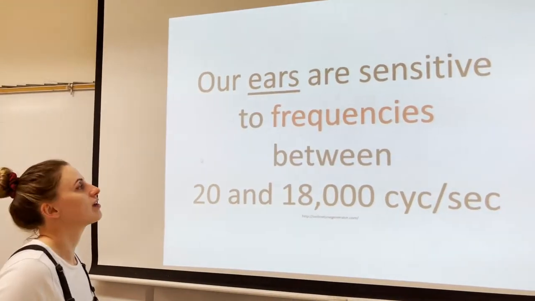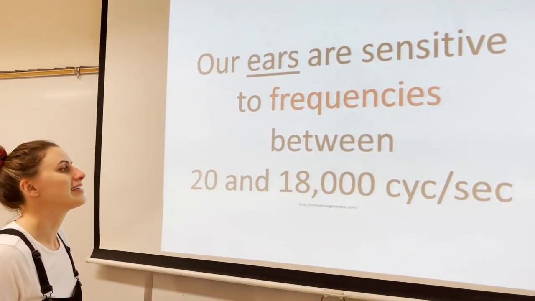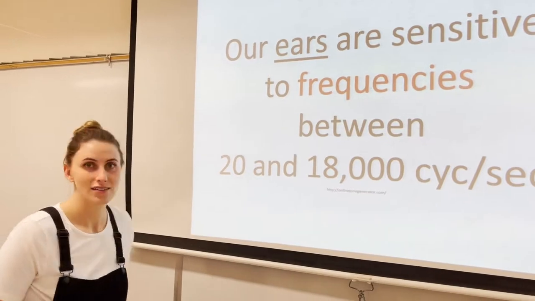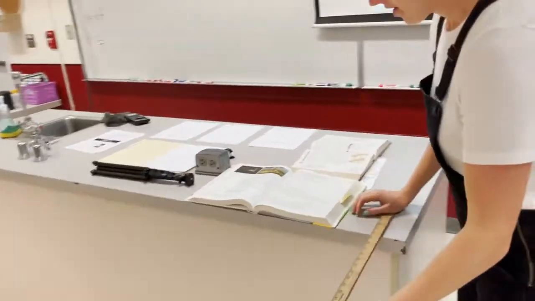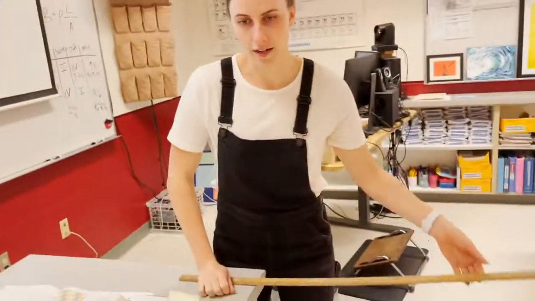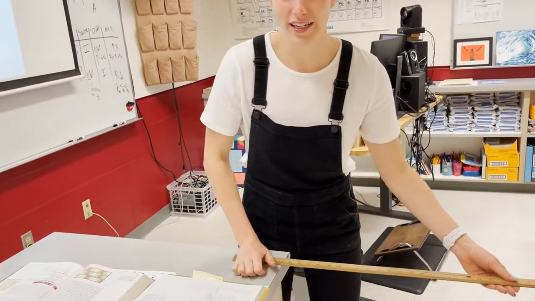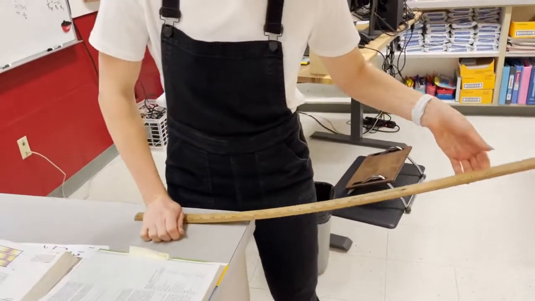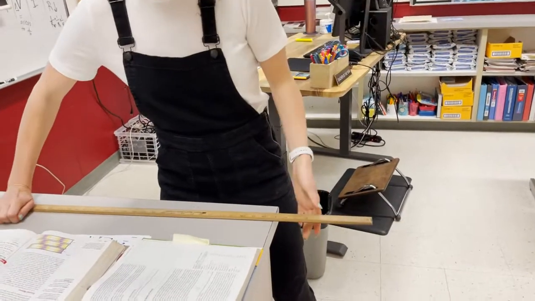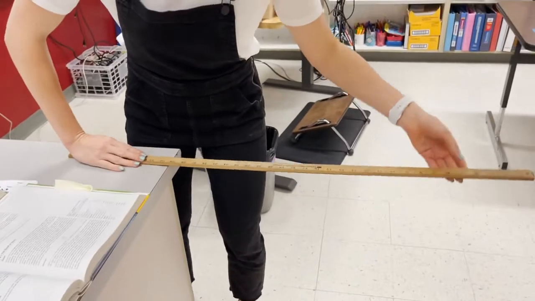Our ears are sensitive to frequencies between 20 and 18,000 cycles per second. You can demonstrate frequency with the meter stick here. We'll start here. Go ahead and give it a listen. You can hear the difference between these. You have to move your hand to shorten it.